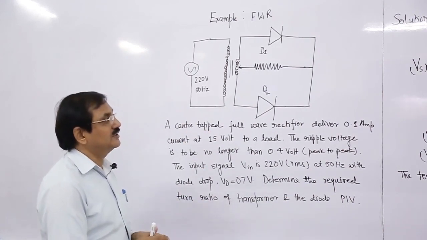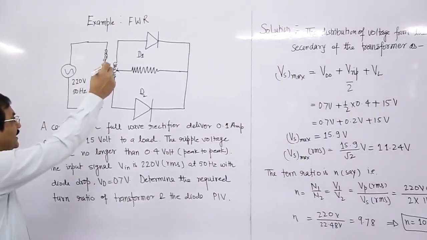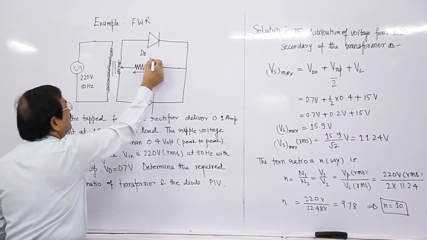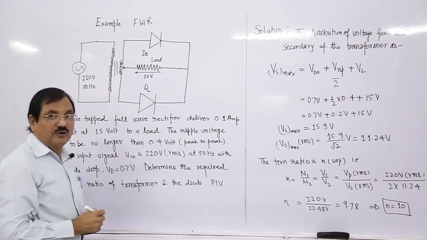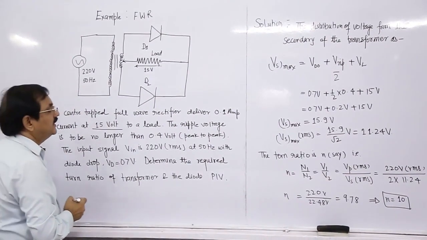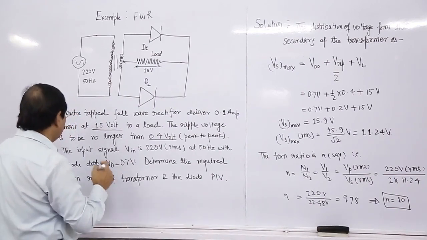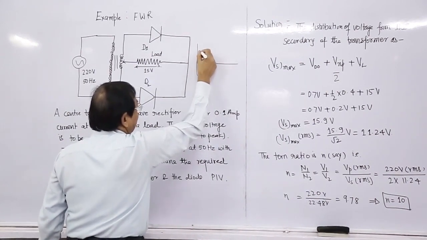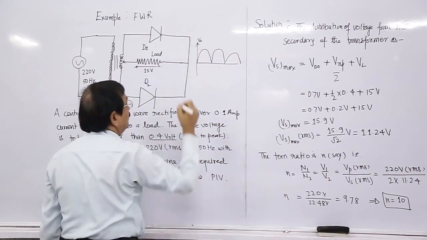The solution is also there, but in order to explain it, let us consider this one as a load. Here is the load, and on this load there is a 15 volt drop. This 15 volt is given, and this is the rectified output VO with the ripple.